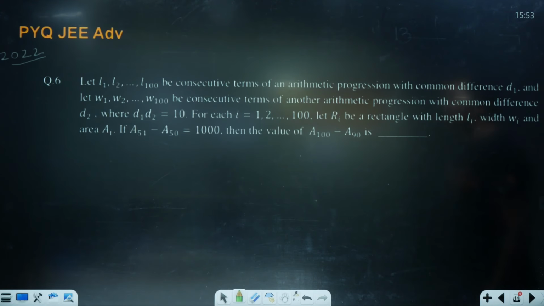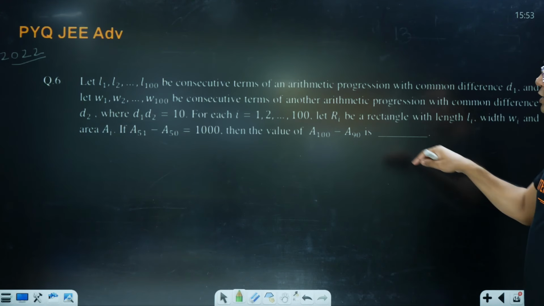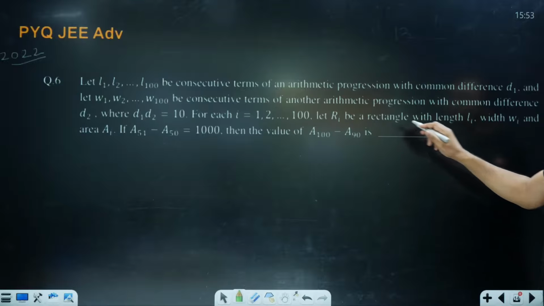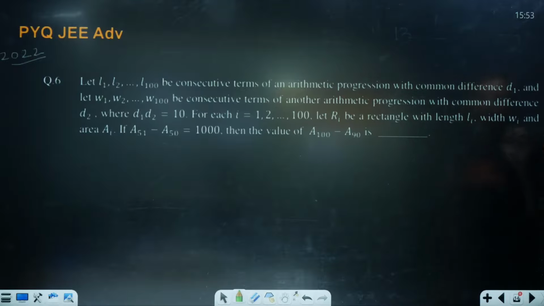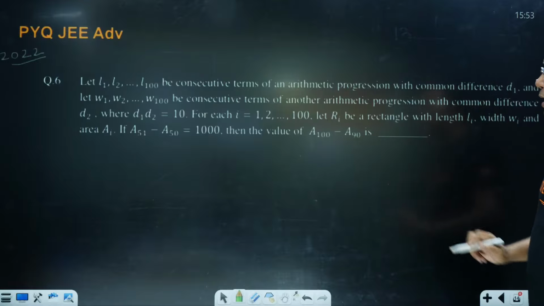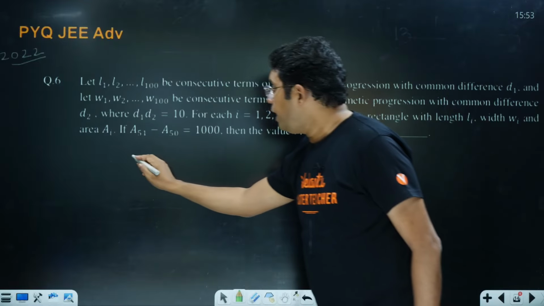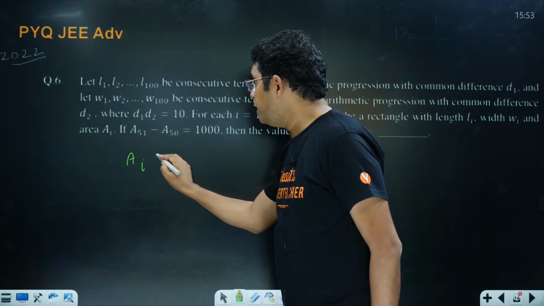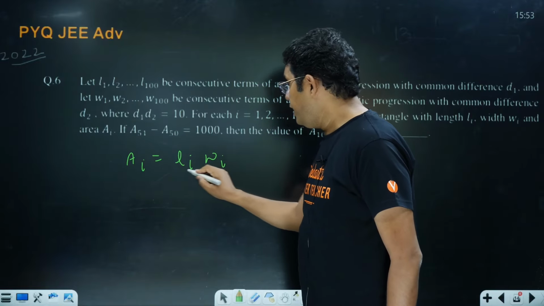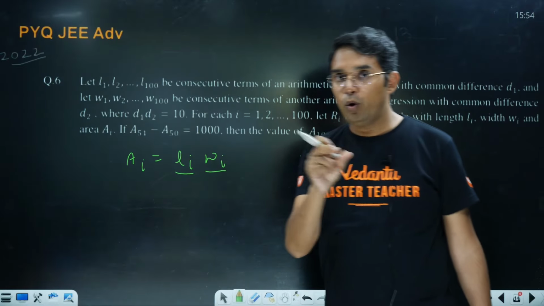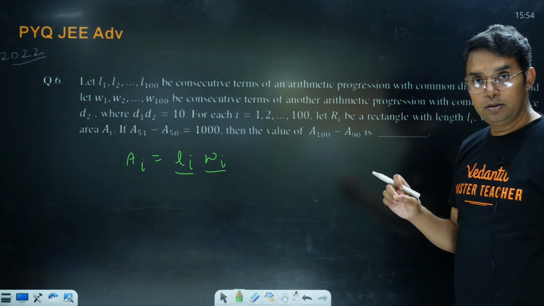Okay, D1 D2 product is 10, and for each i from 1, 2, 3 to 100, Ri is a rectangle with length Li coming from the first AP, Wi coming from the second AP, and area Ai. So this area Ai is actually Li into Wi, where Li and Wi both are APs.